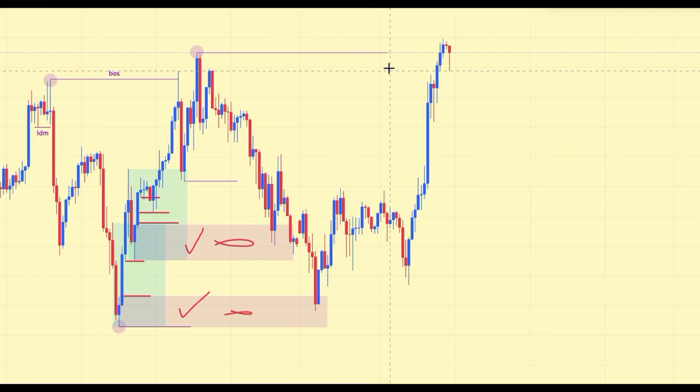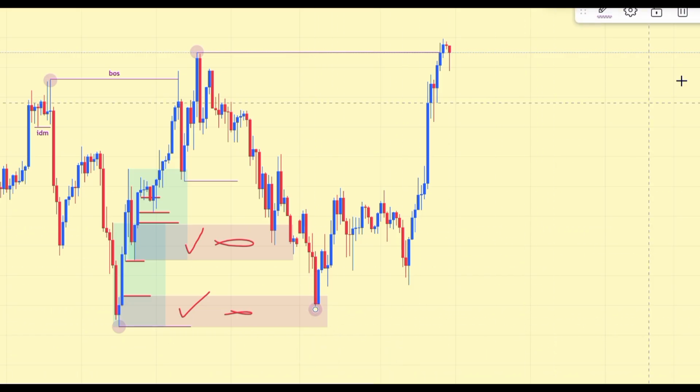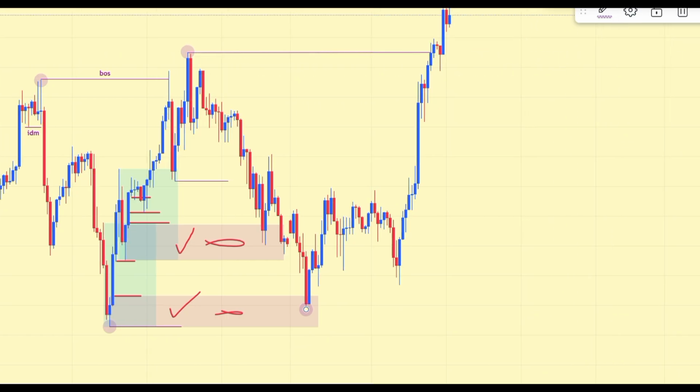Right, so right here, price has made that external liquidity, and we are currently in a new trading range. So this one here is our trading range low, and right now let me continue running price.